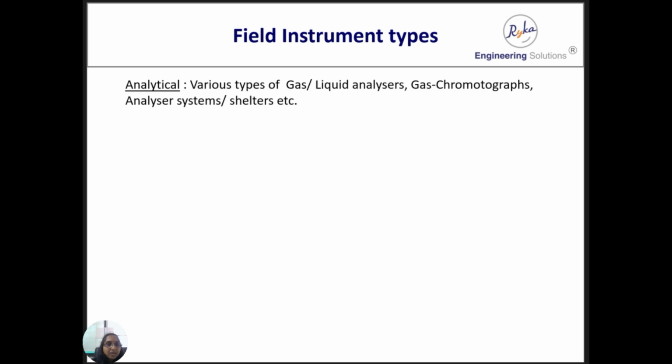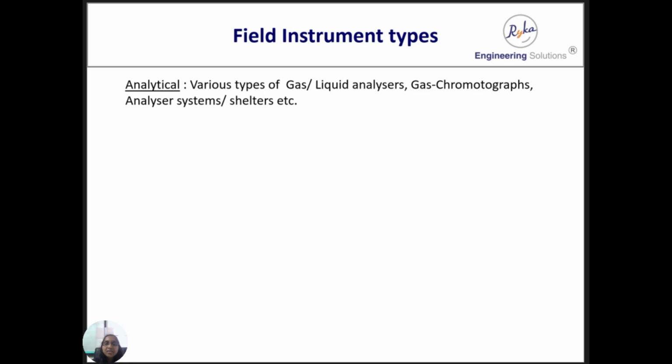Next is analytical measurement. Various types of gas and liquid analyzers are there. Gas chromatographs, analyzer systems, and shelters. In gas analyzers, there are SOx, NOx, ammonia, CO2, O2, total hydrocarbon, etc. analyzers.